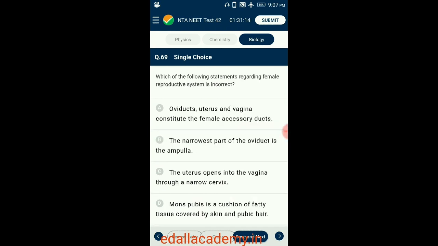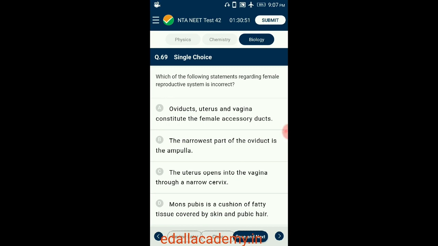Question number 69. Which of the following statements regarding the female reproductive system is incorrect? The female accessory ducts are constituted by the oviducts, for example the fallopian tube, uterus and vagina. Second statement, the ampulla is the widest part of the oviduct.